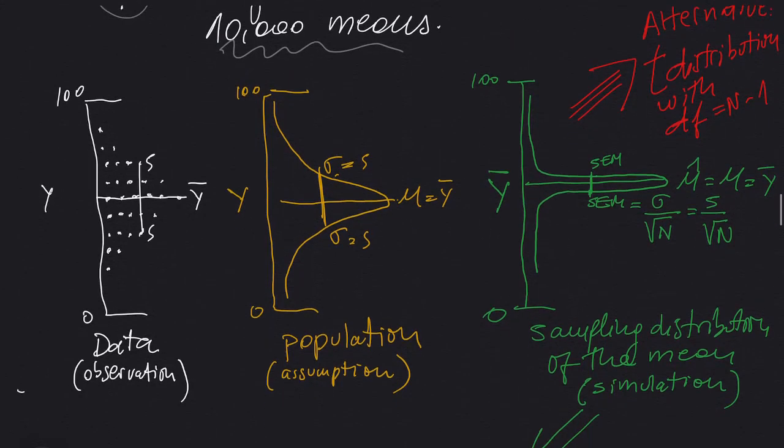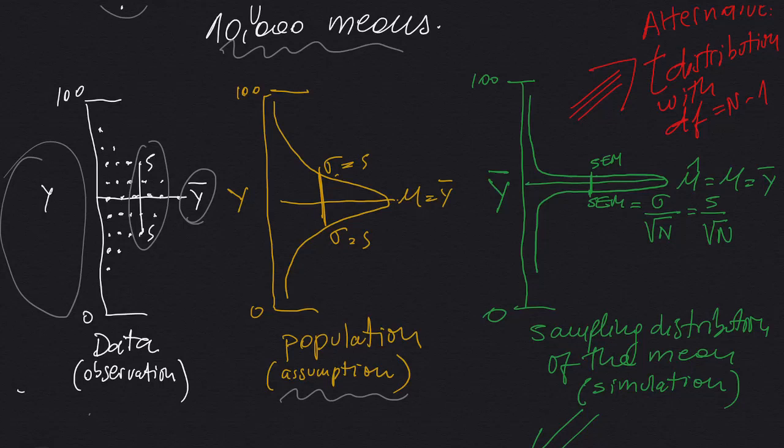Okay, so we start with the data. We went through this already, and we obtain the mean and the standard deviation in our sample. By assumption, we ask the probability daemon to work for us.